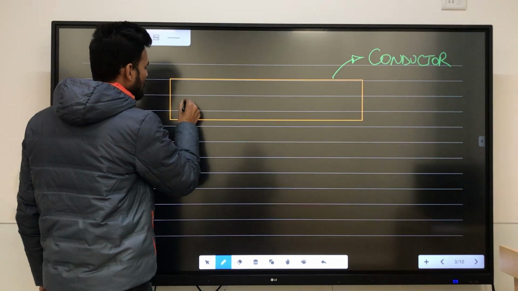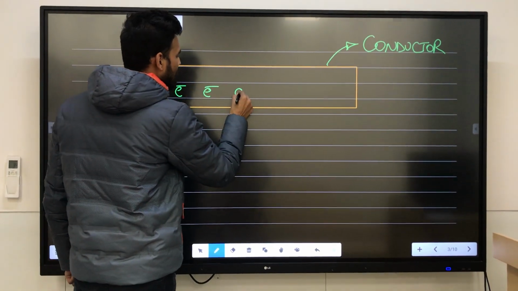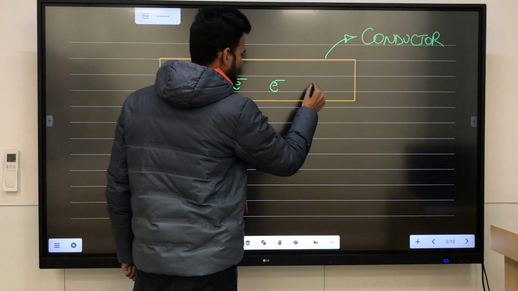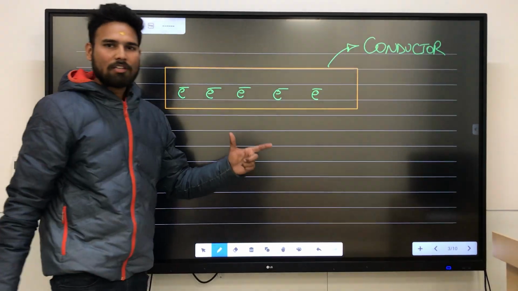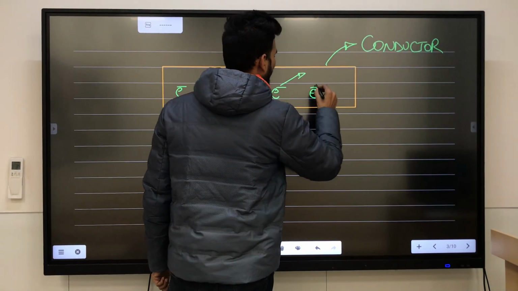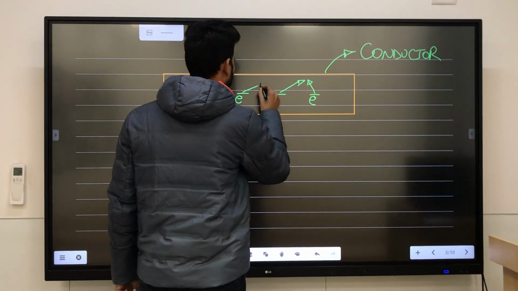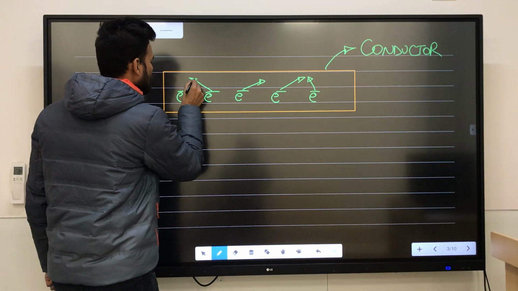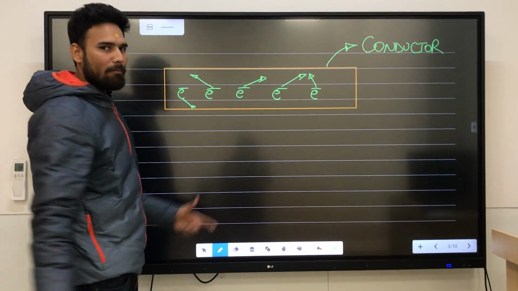So electrons will be present inside the conductor. And as we know that the electrons are free to move, these electrons will be moving in a random direction.